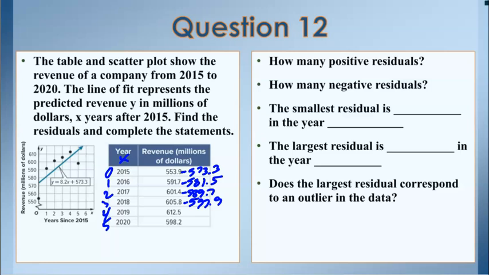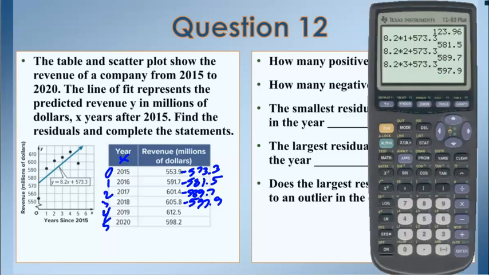Then our next one, we have a 4 in for X, so 8.2 times 4 plus 573.3 gives us 606.1.